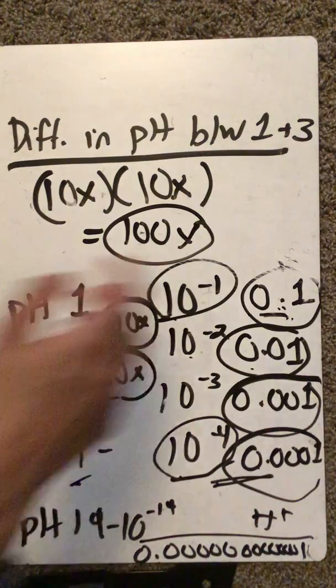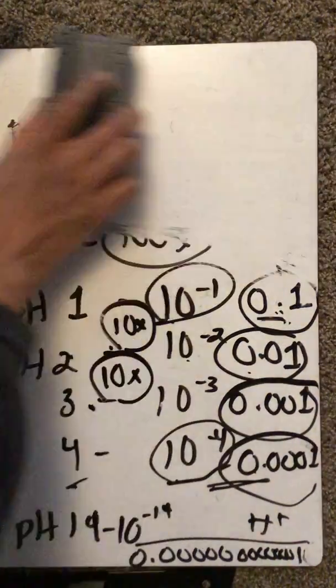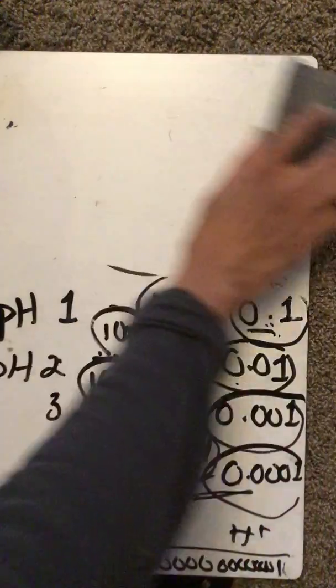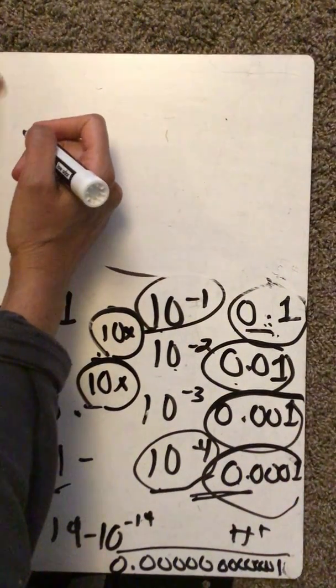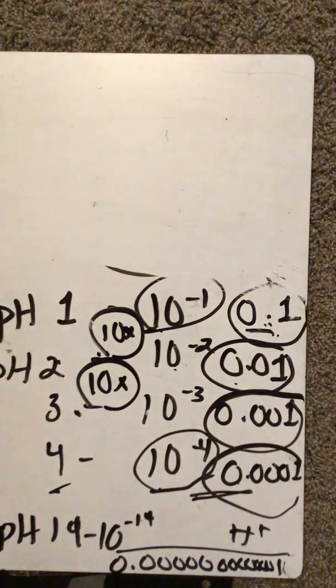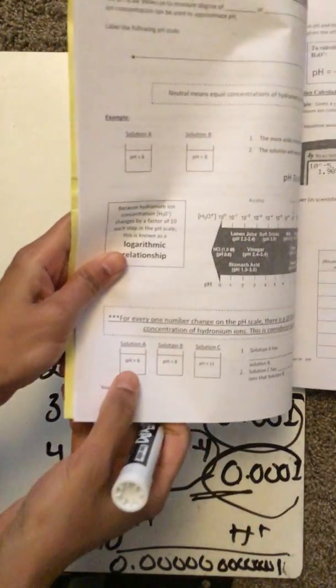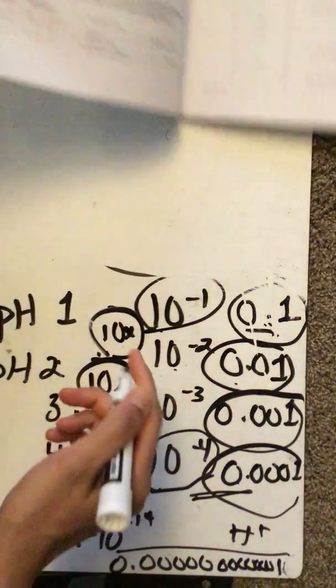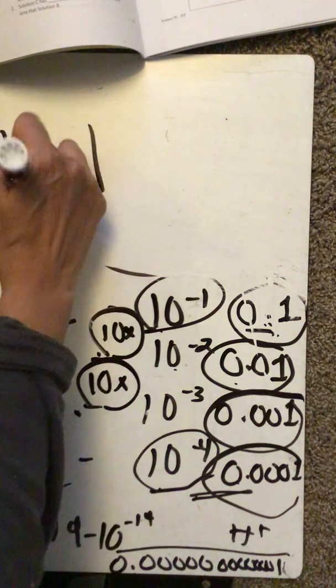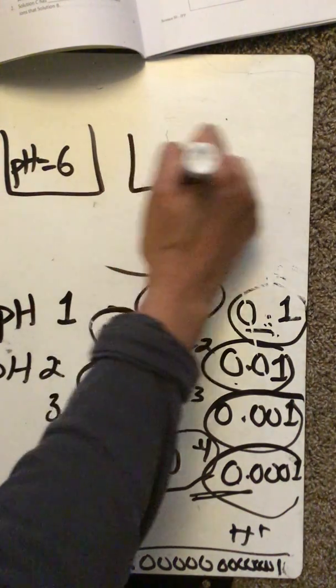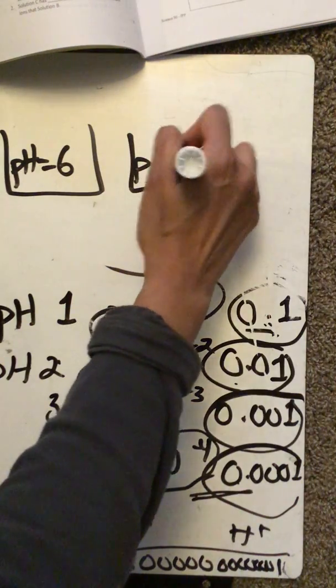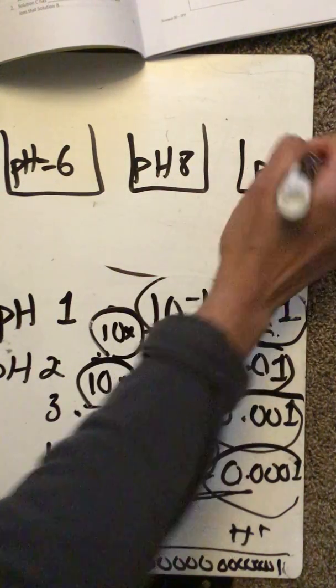And if they ask you, okay, watch. So you can see in this question, I'm just going to write it down. Solution A's pH is equal to 6, this is pH 8, and this is pH 11.